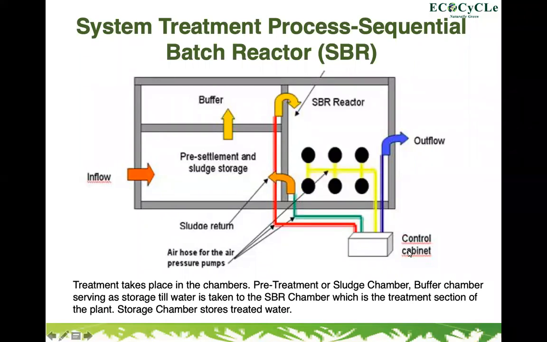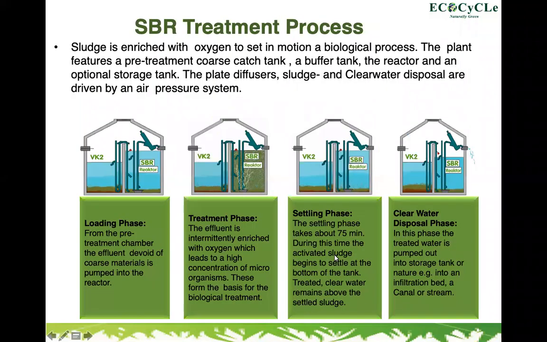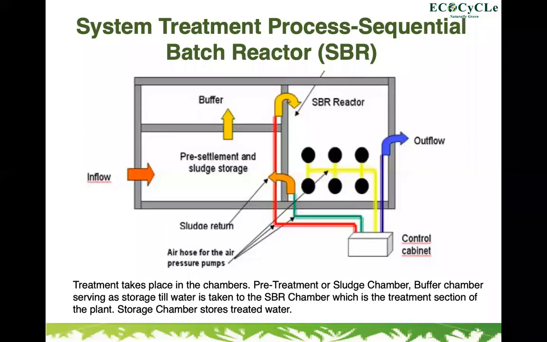Next slide. Oh yeah, I didn't speak about the cabinet control. Now, as you can see, we have different colors representing different air hoses. The blue air hose from the cabinet control only represents the clean water discharge, the treated water discharge.